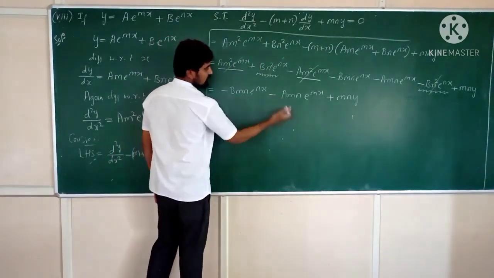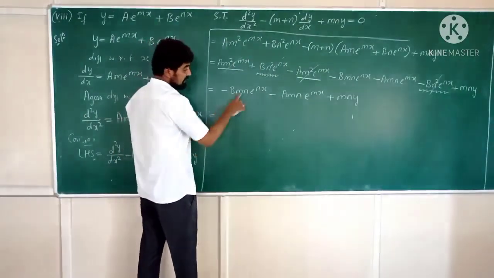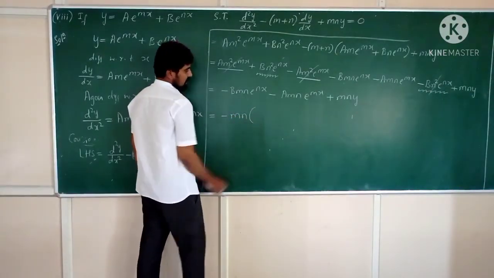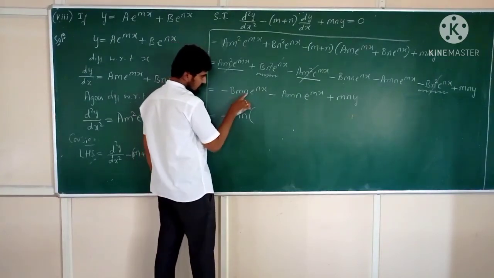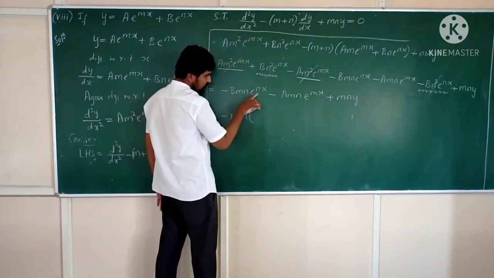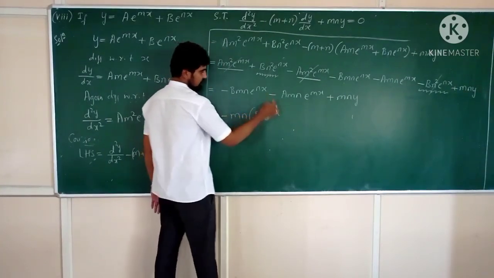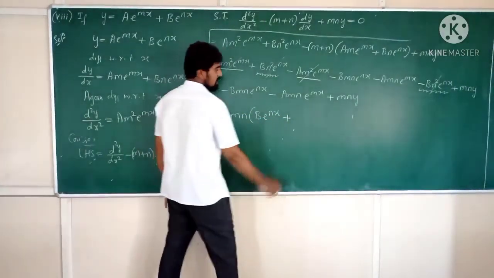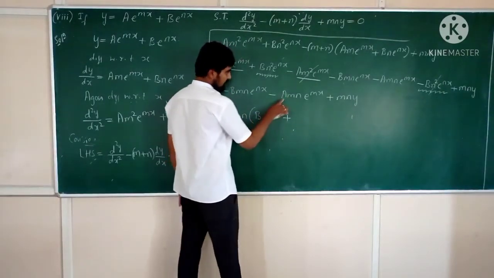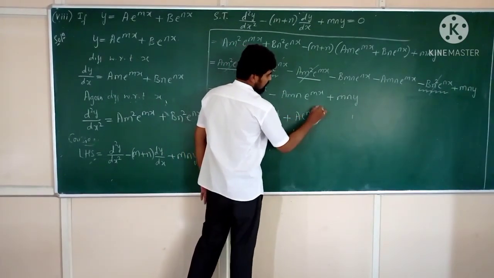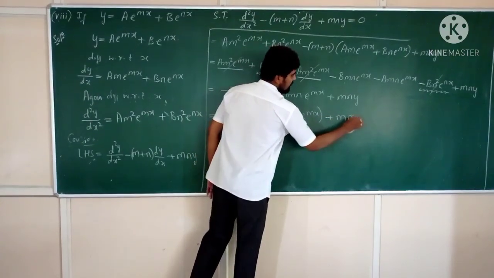In the first two terms we take minus mn as common: the remaining terms are b e power nx and a e power mx, plus mny as it is.